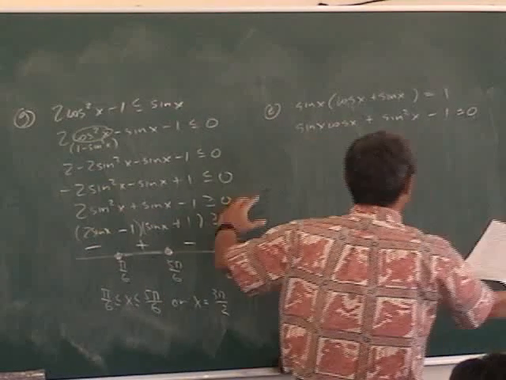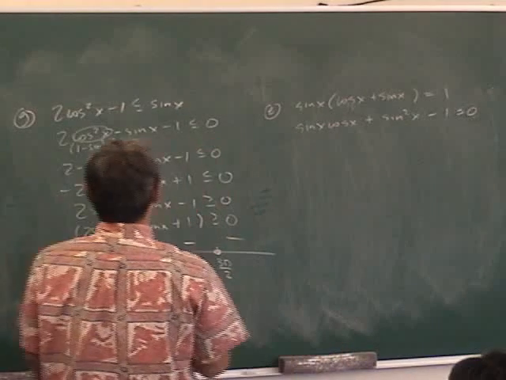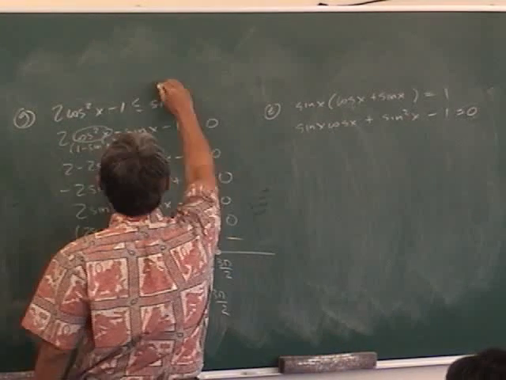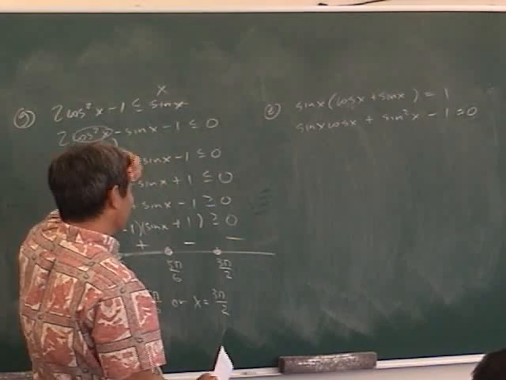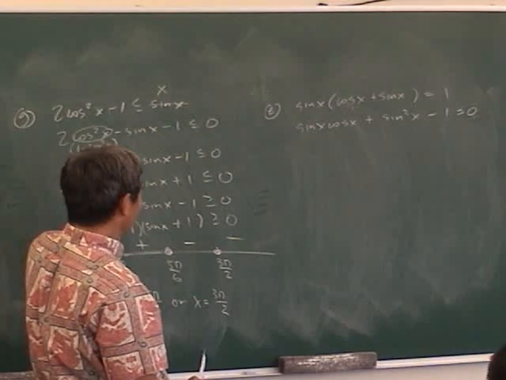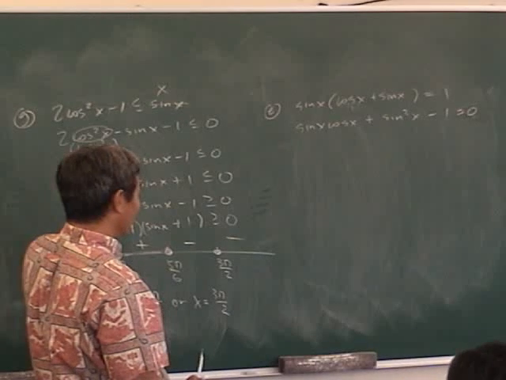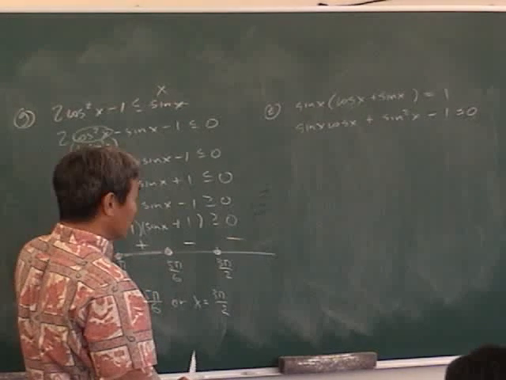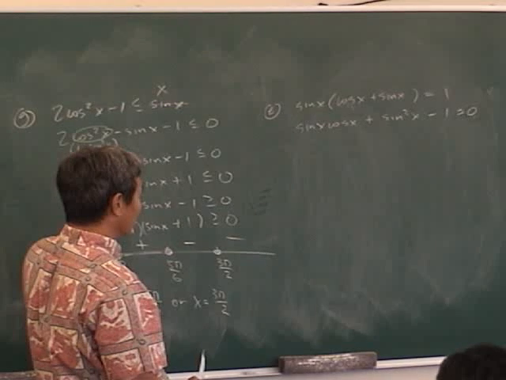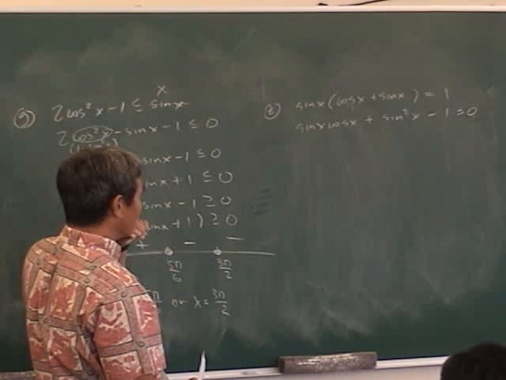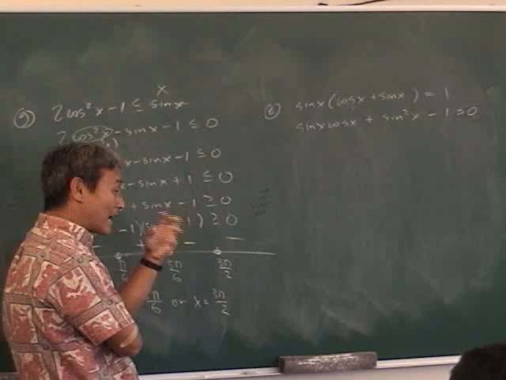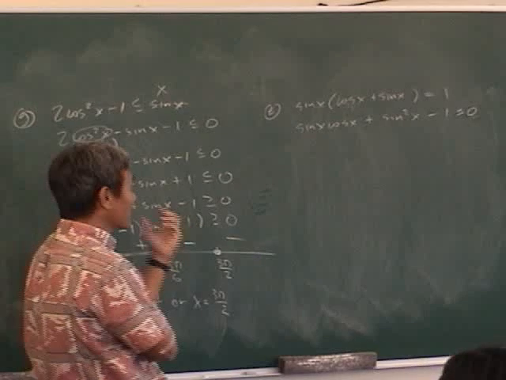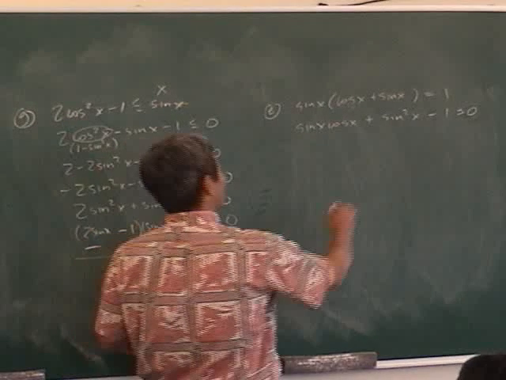You cannot substitute whatever you want. If it's sine squared x plus sine x times cosine x equals 1, can't sine x equal cosine x? No, that's just an identity that you can use to replace things with. You cannot change the equation. You know what I'm talking about? Yeah.